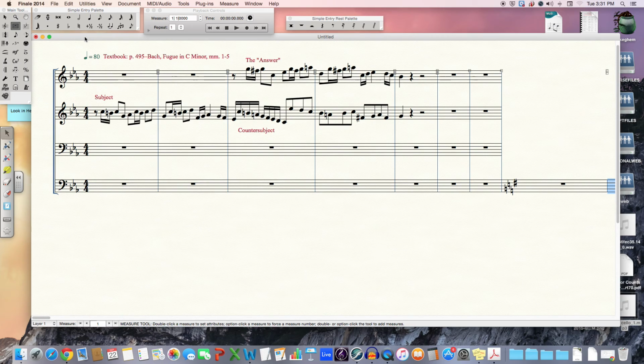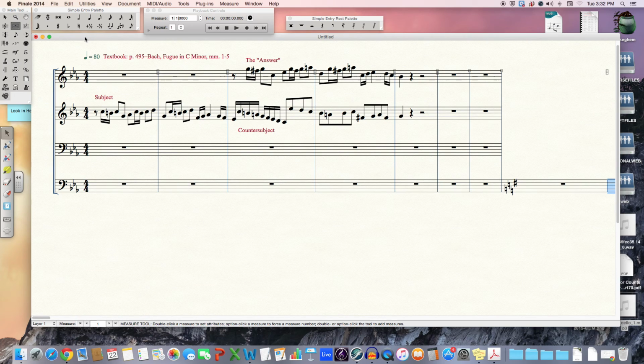So what I wanted to do on Monday was to really introduce the concept of the subject and the importance of the motive to Baroque melody. And she uses a great example. Well, there are many good examples in this chapter. Right now I'm looking at page 490, 491, and then into 492 and 493.